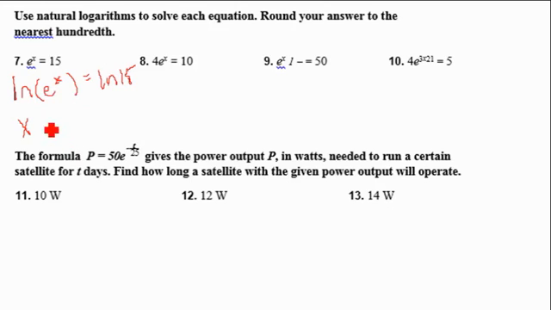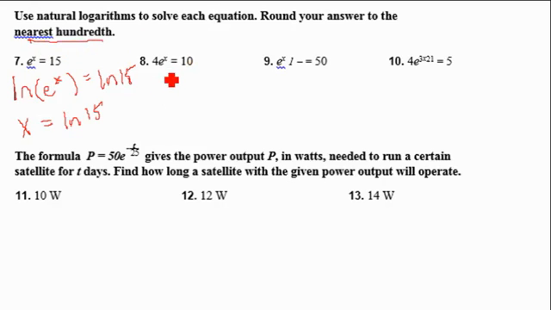So x times 1 is just x. And then on the right side we have the ln of 15. And again, you can just substitute that into your calculator and find the exact answer rounded to the nearest hundredth.